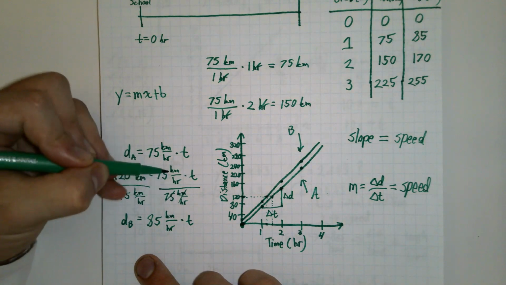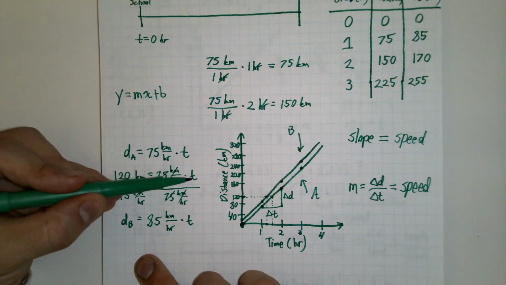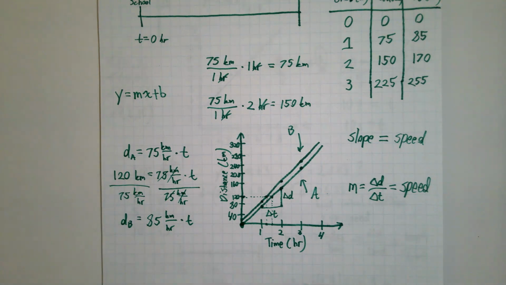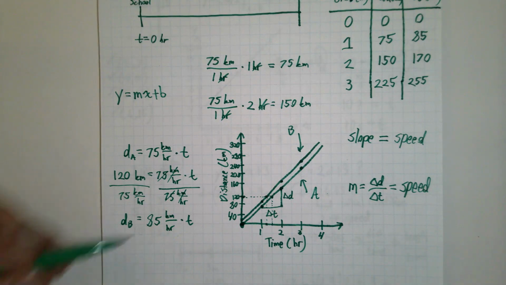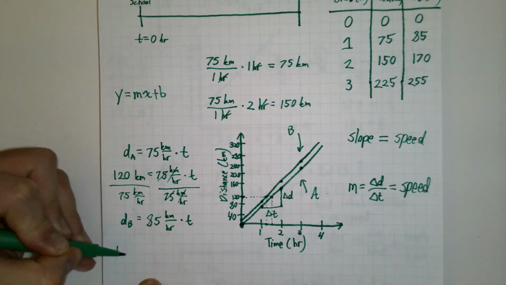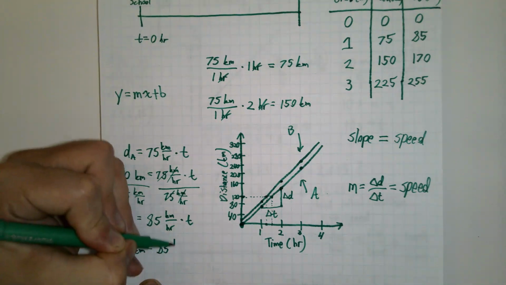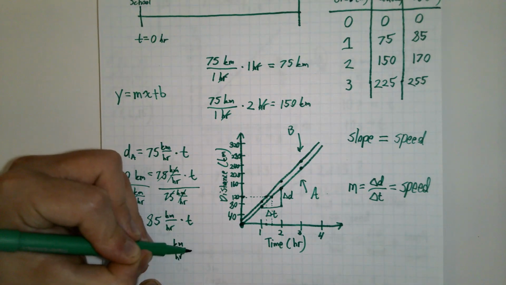The 75 kilometers per hour cancels on our right side, so all we're left with is t equals 120 divided by 75 kilometers per hour. We would do the same math for d_B, where we'd plug in our 120 kilometers for the distance of B equals 85 kilometers per hour times t.